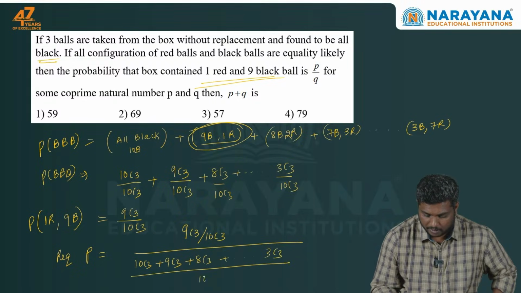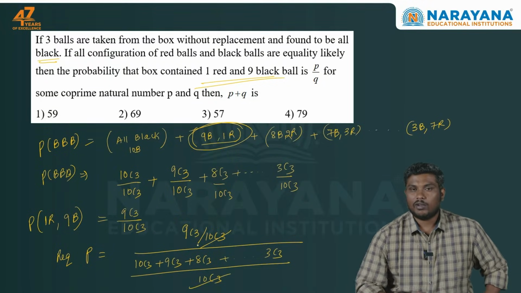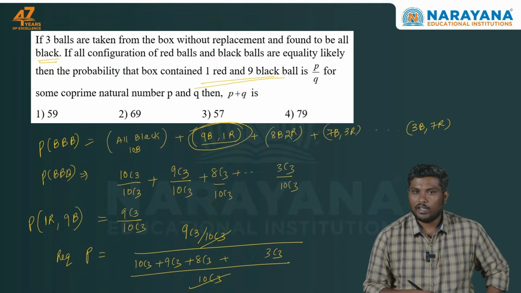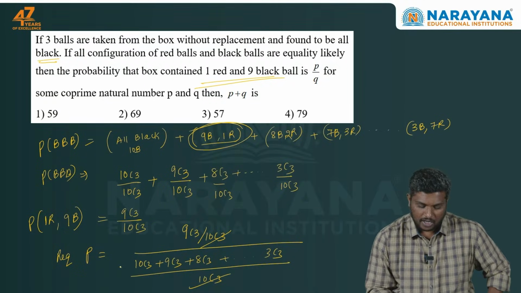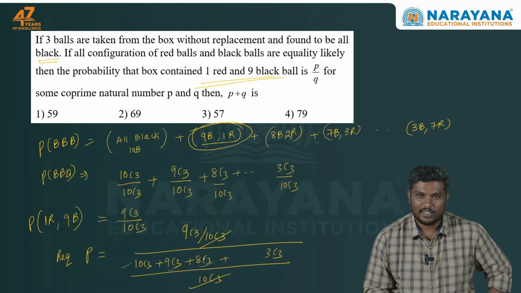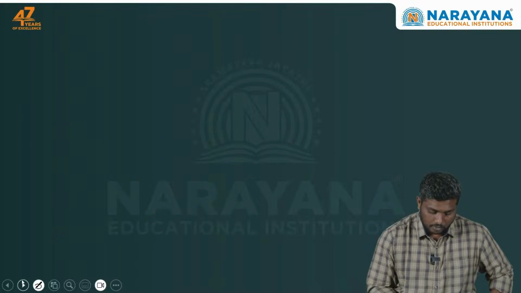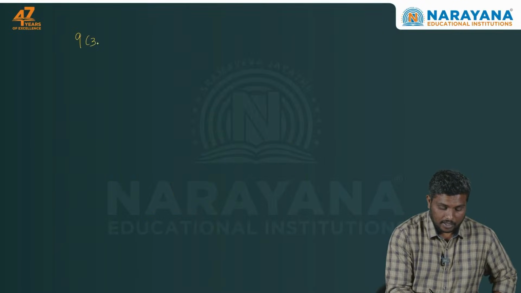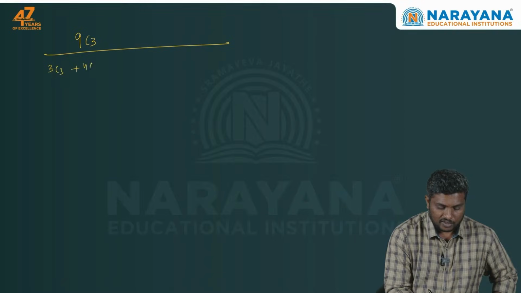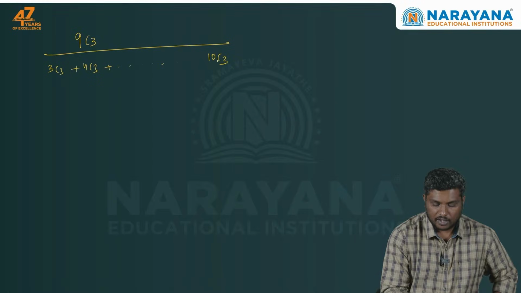Once again, if you are able to recall one beautiful formula here, you could solve this in a matter of seconds. But if you have to calculate 10C3, 9C3, 8C3, then you are going to take time. So what is that property here? 9C3 stays, and from 3C3, 4C3, so on till 10C3.